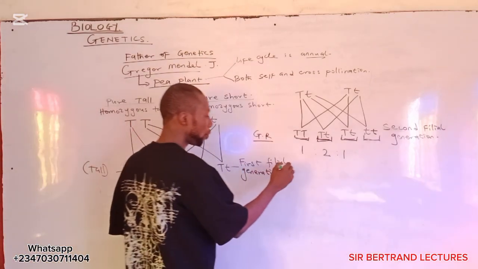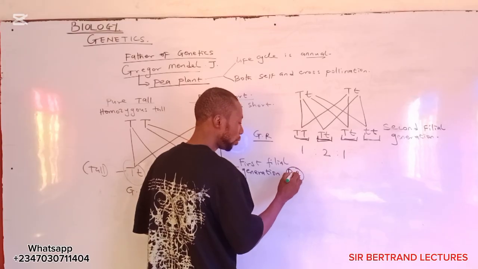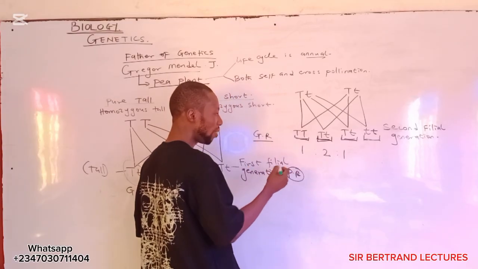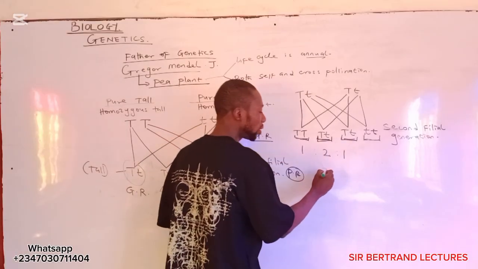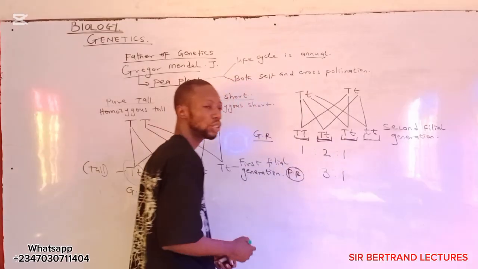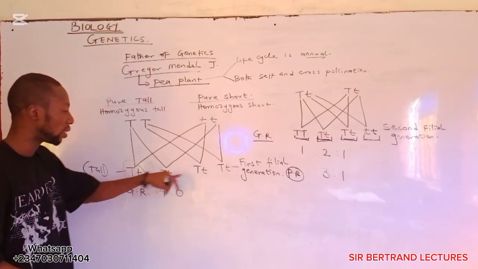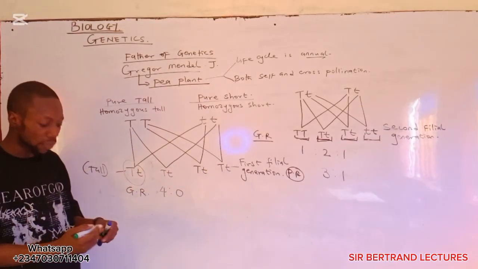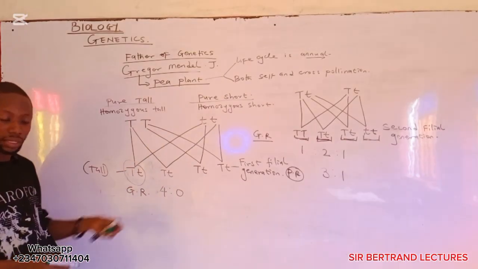Then in terms of phenotypic ratio, let me use PR, phenotypic ratio. We observe that 1, 2, 3 are all tall, all right? Then only one is short. Okay, now we state that this gene here that are all tall, they have another gene for short, but that gene did not express itself.